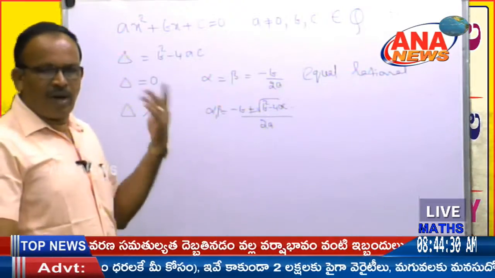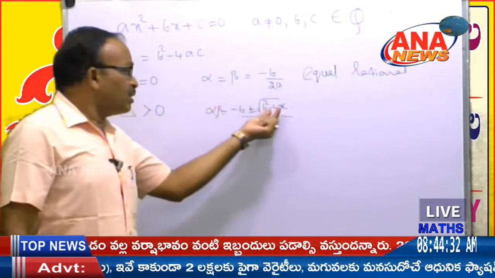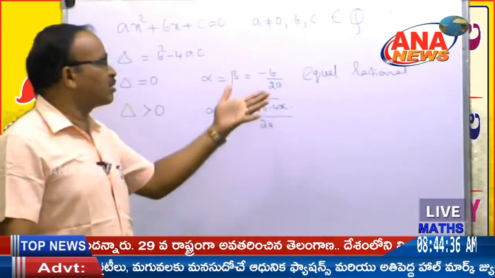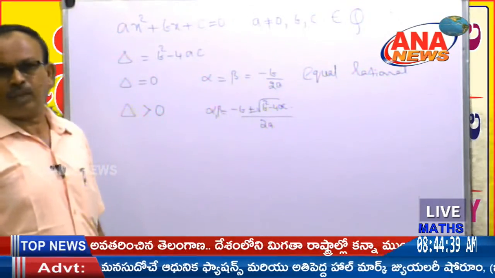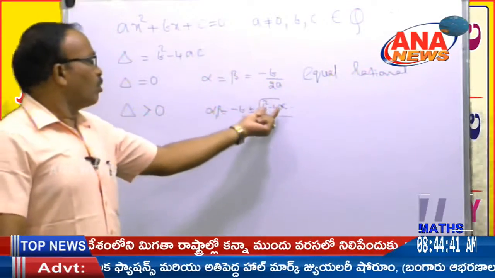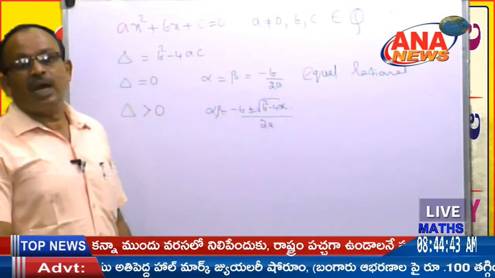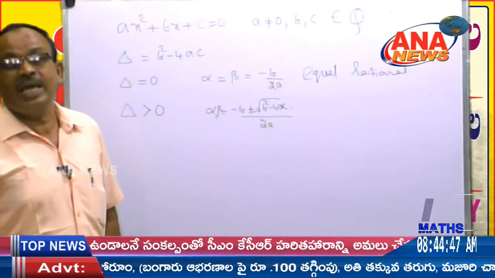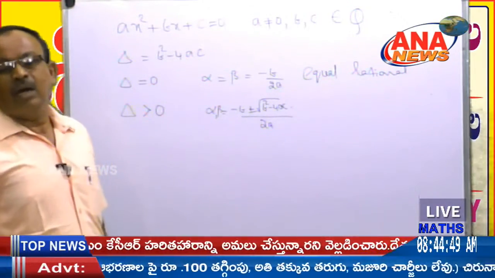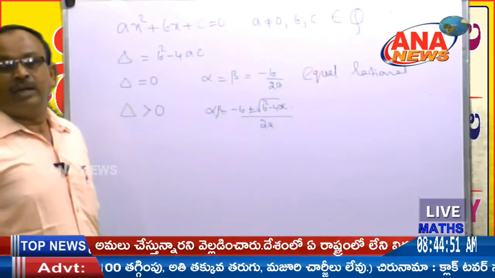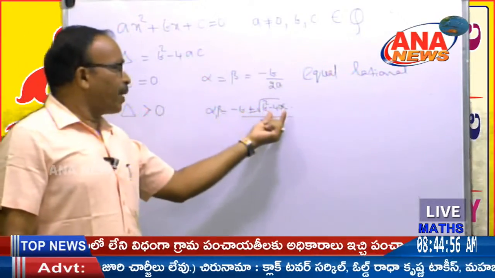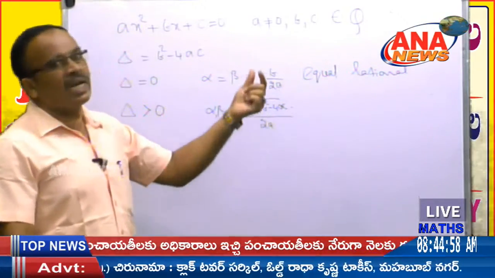If b square minus 4ac is a perfect square, automatically that square root is removed. So root over b square minus 4ac is a rational number, like 4, 9, otherwise 4 by 9, 16 by 25, like that.